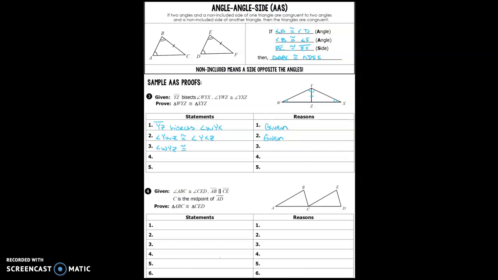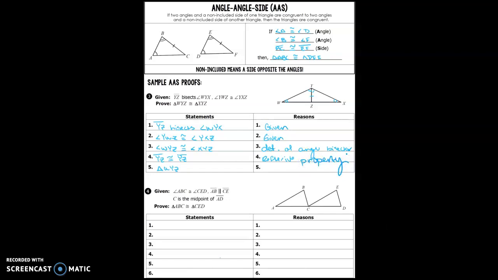And so because of that, we can tell that the angle WYZ is congruent to the angle XYZ. And this is because it is the definition of an angle bisector. Okay? And now we also know that YZ is congruent to YZ, and that's because it's the reflexive property.